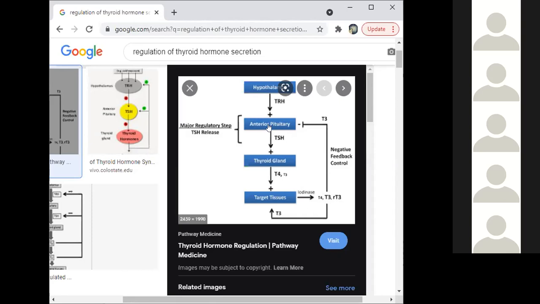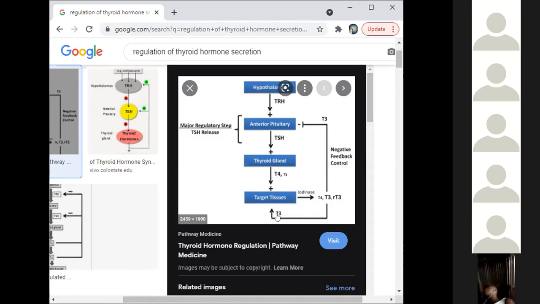For instance, you can have excess production of thyroid stimulating hormones, okay? And this excess production is going to continually stimulate the thyroid gland to make excess thyroid hormones T3 and T4. In this case, the problem is actually not from the thyroid gland, but is probably from something here which is making excess TSH and is stimulating the gland to make too much T3 and T4.